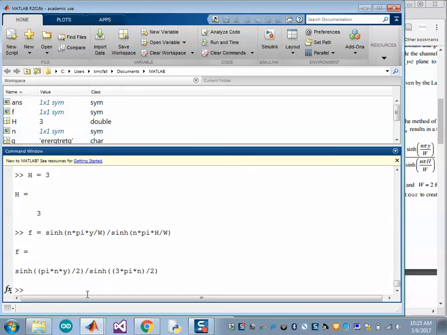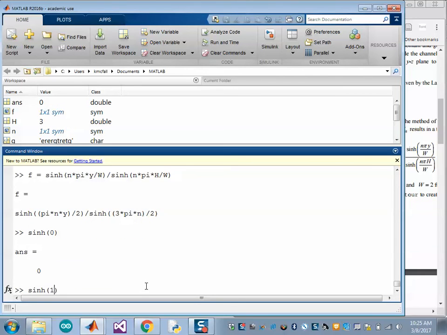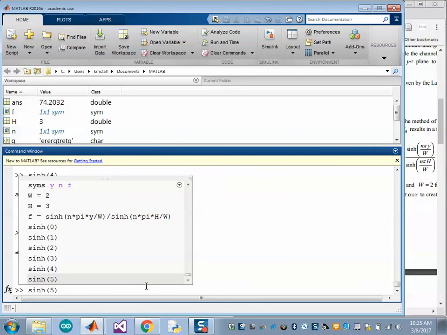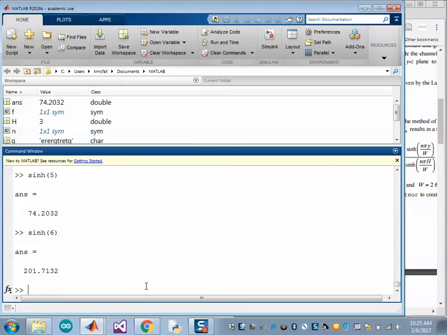One of the things you'll notice is, let me just do this. Hyperbolic sine of 0, that's 0. Hyperbolic sine of 1 is something. Hyperbolic sine of 2 is something. Hyperbolic sine of 3. And as the value of the hyperbolic sine's input gets bigger, hyperbolic sine gets big very quickly.